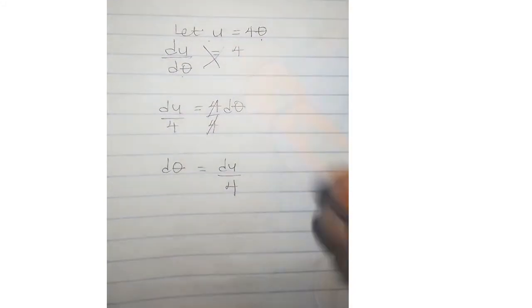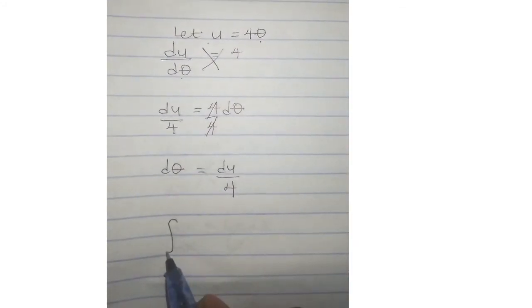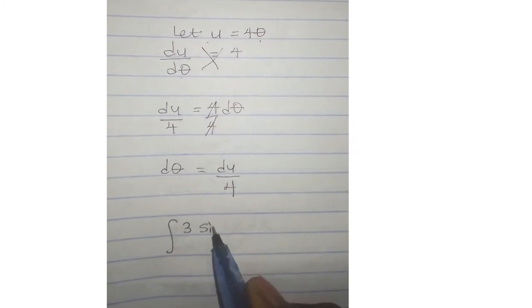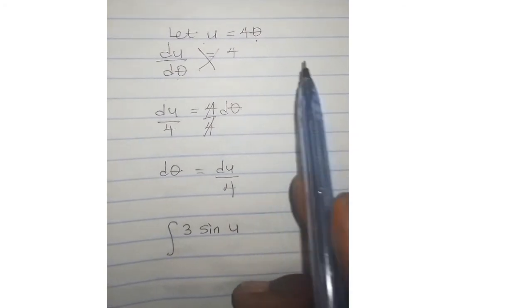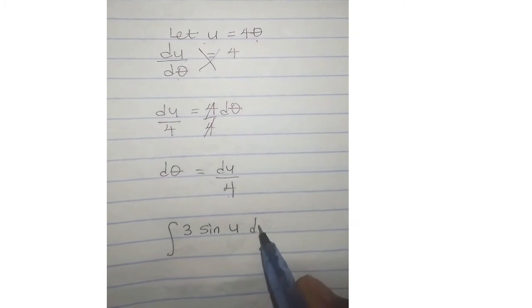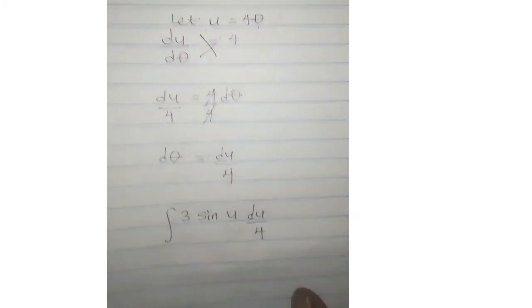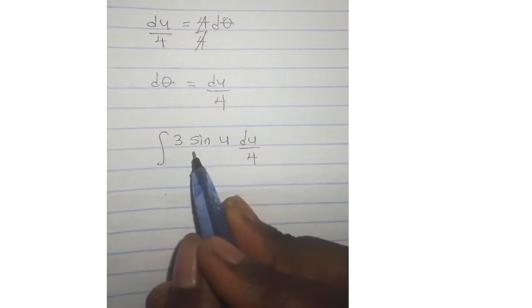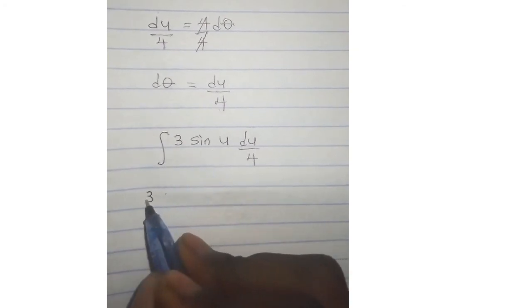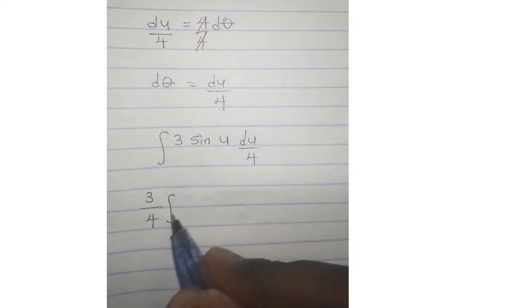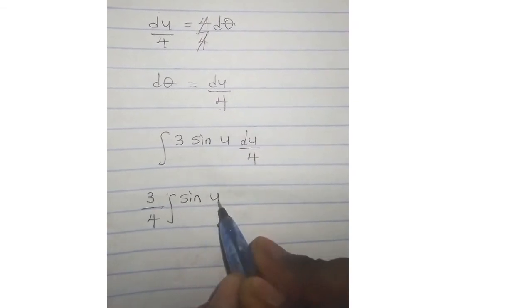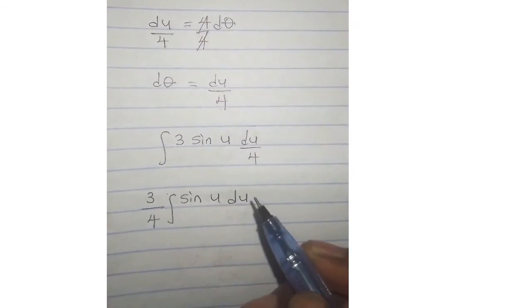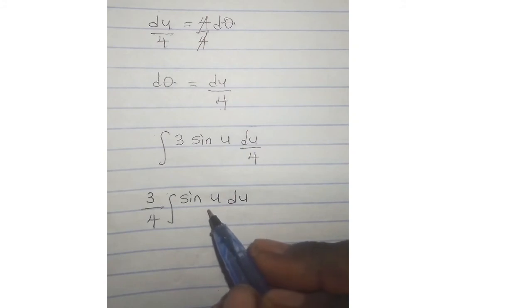Now we can rewrite this to be the integral of 3 sine u, and in place of d theta, I'll put du over 4. This can also be rewritten as 3 over 4 times the integral of sine u du. And remember, when we integrate sine u, we're going to have negative cos u.